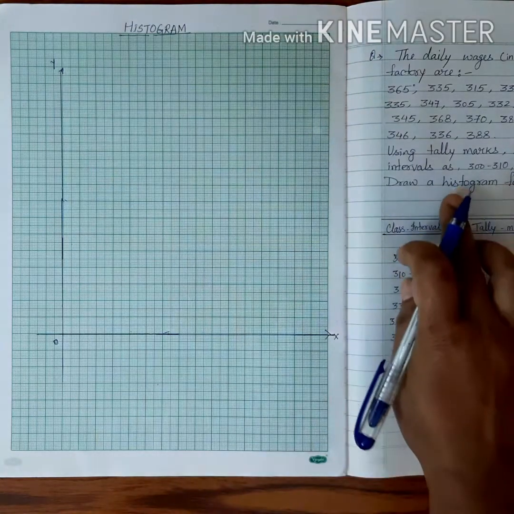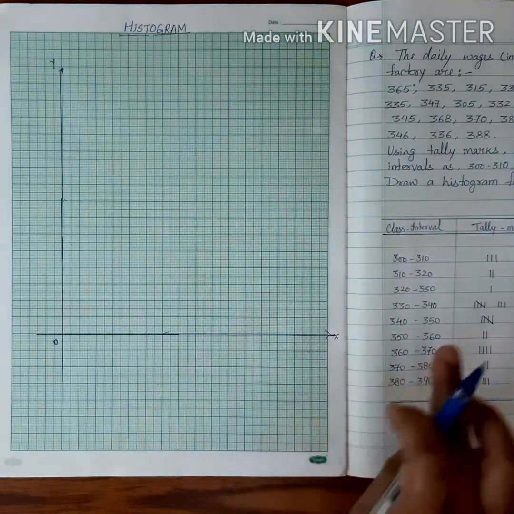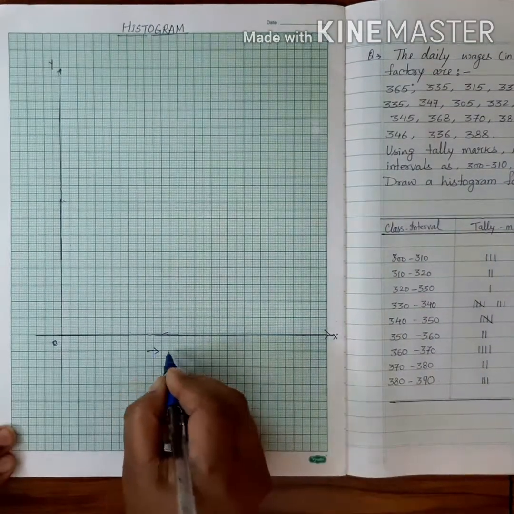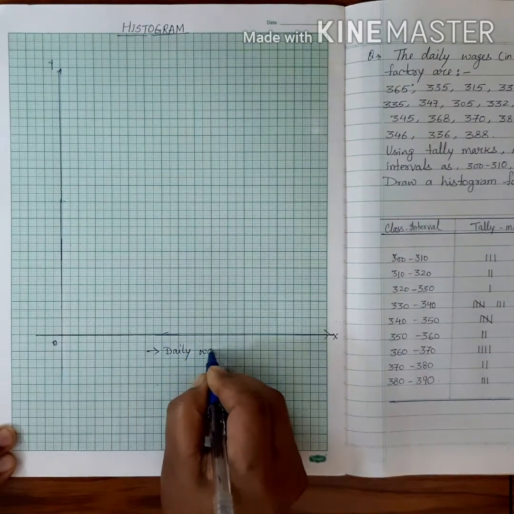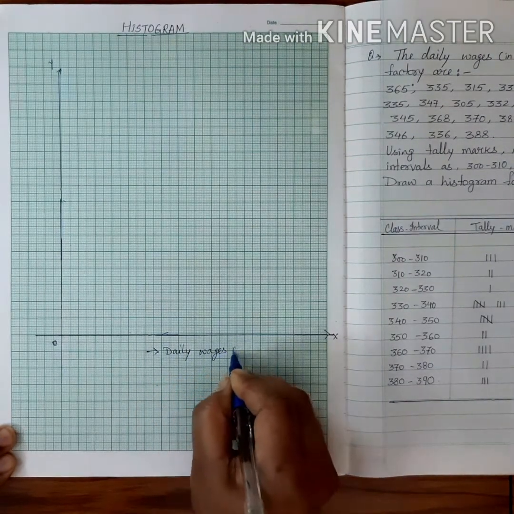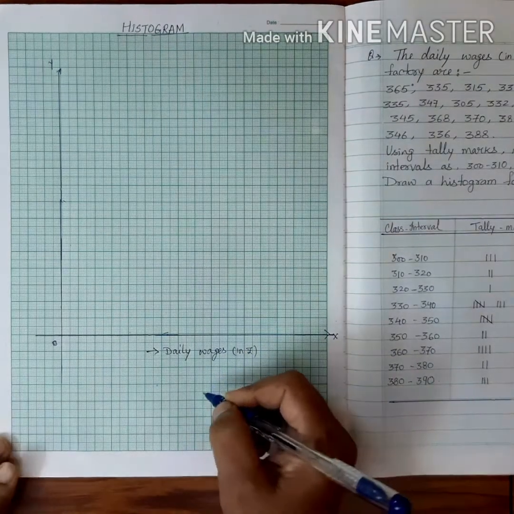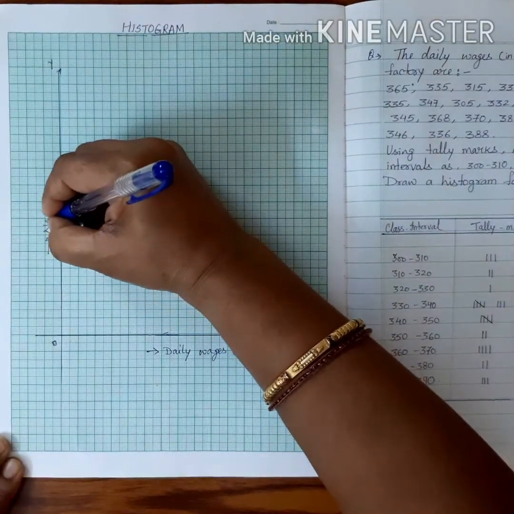Here we take two things: daily wages and number of workers. Daily wages are taken on the x-axis, in rupees, and on this side the number of workers on the y-axis.